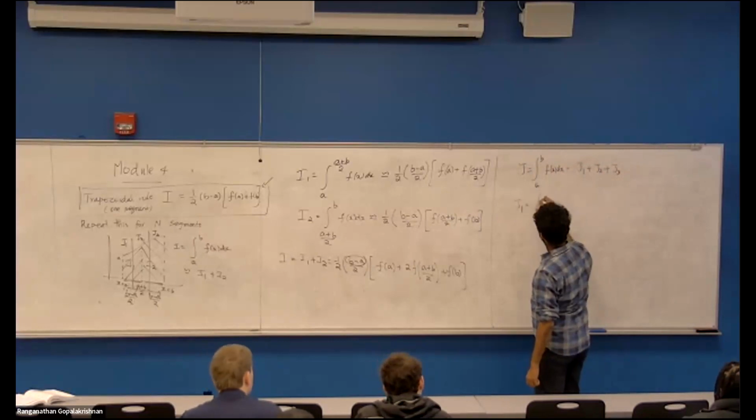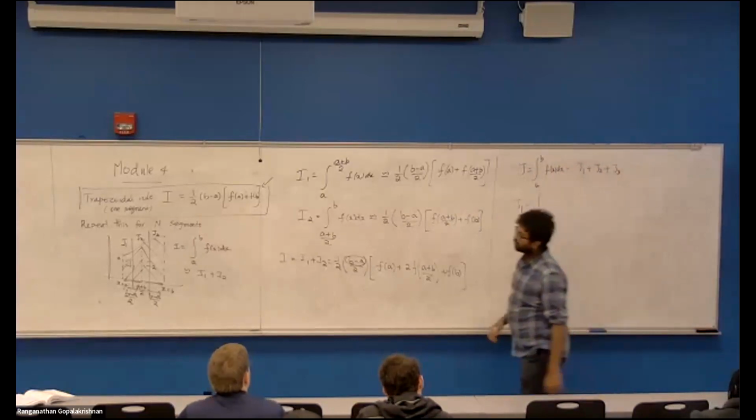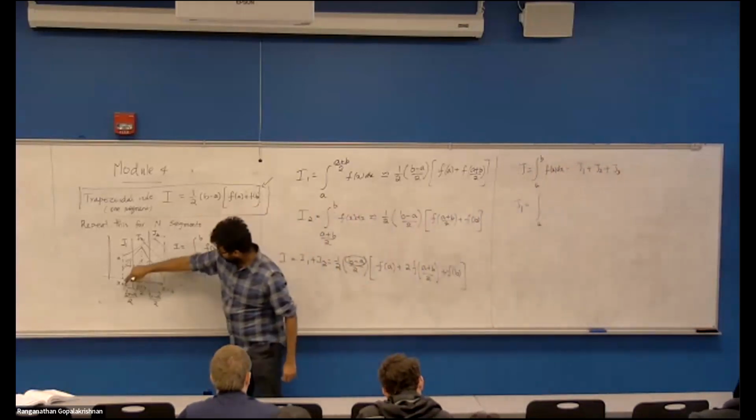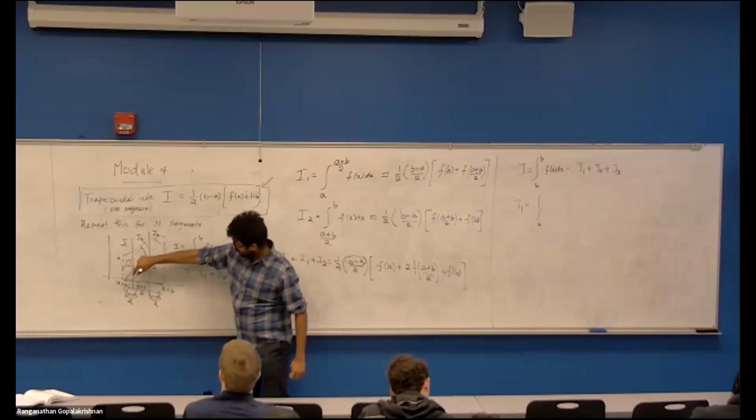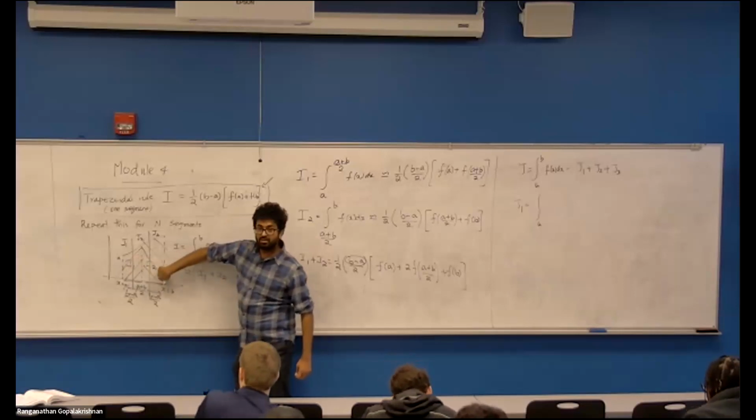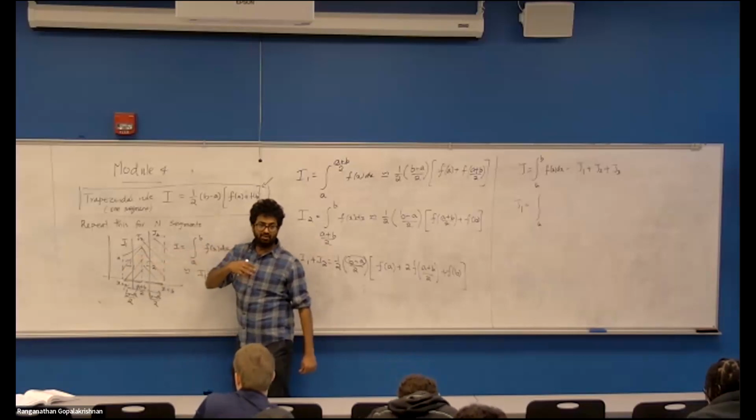J1 begins at a. What is 1/3 of the distance? The total distance is b minus a, divided by 3.